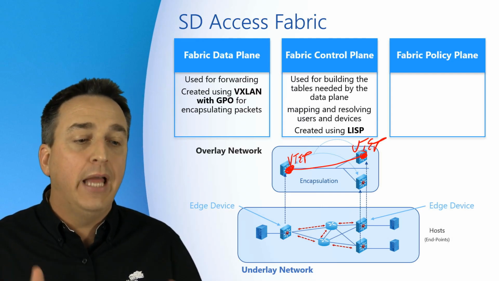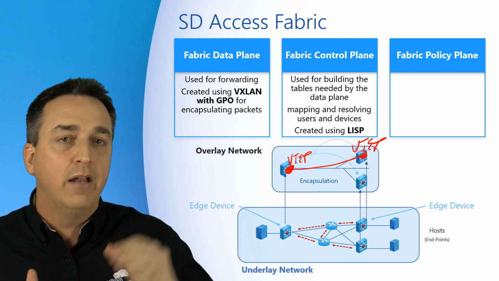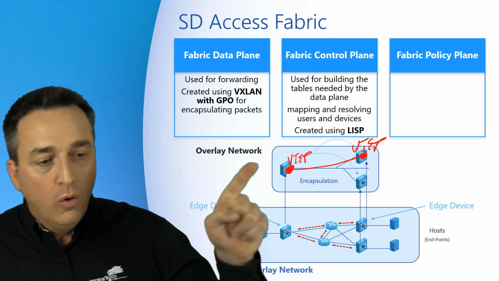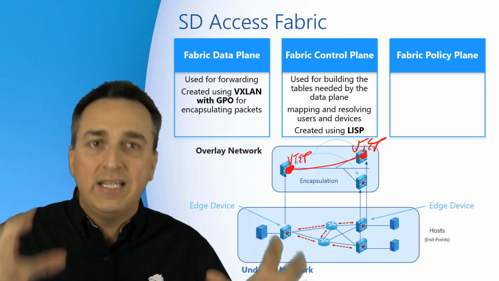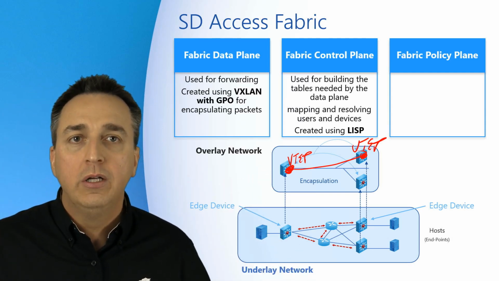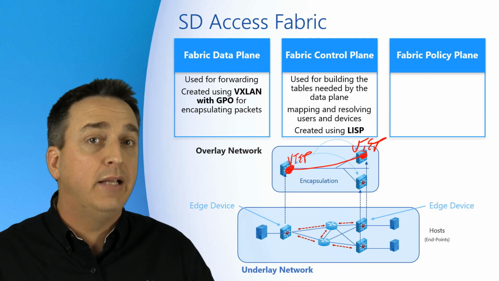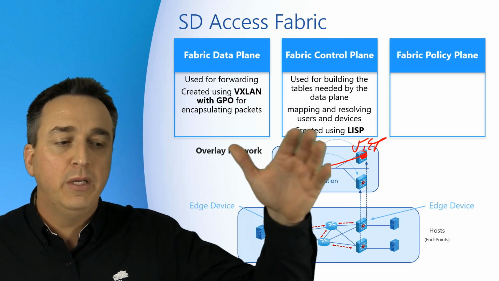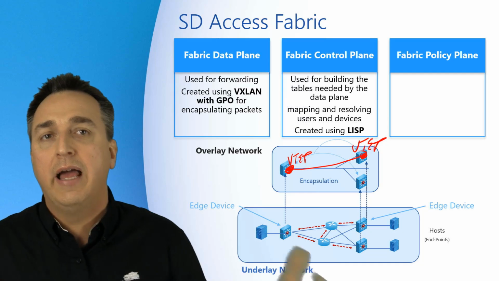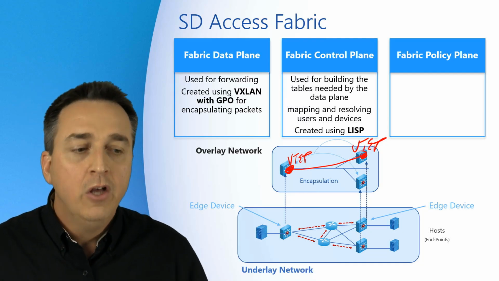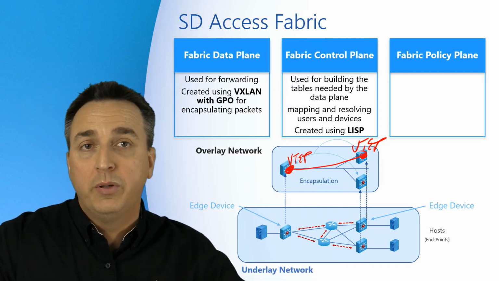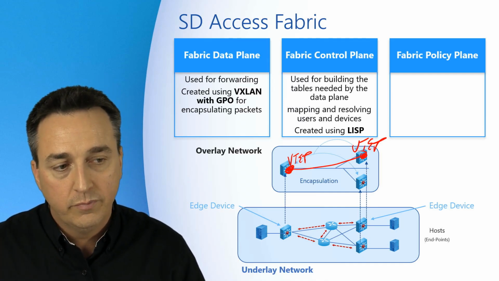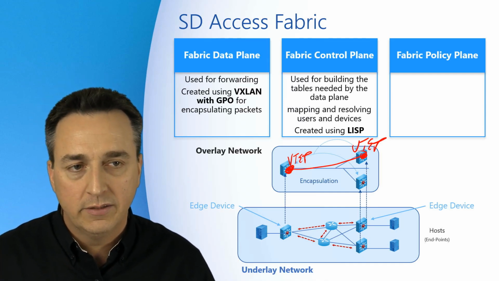Encapsulation is done by VXLAN, whereas the decision-making process of what VTEP we need to go to is based on a database of information, the mapping server, which will ultimately be used to tell VXLAN what it needs to do to encapsulate. So the decisions that are made by Lisp are then used by VXLAN to do the encapsulation. That's what we mean by control plane in that case.